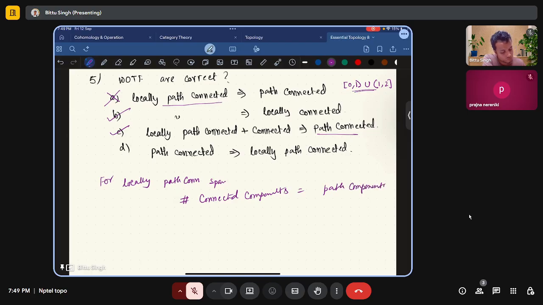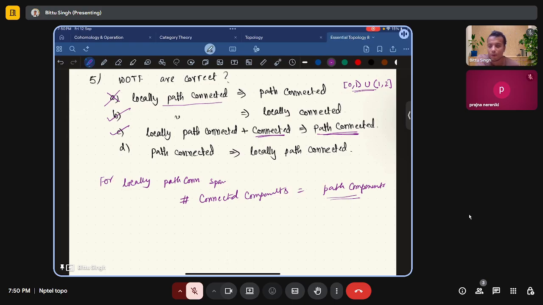We have already seen this fact. So connected means it has only one connected component. Therefore, there will be only one path component. Hence, it is path connected. So this is also clear.